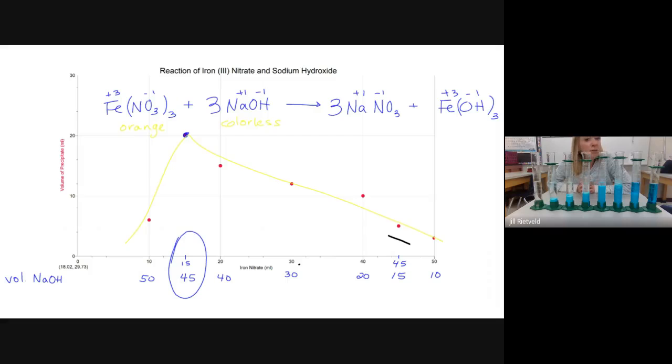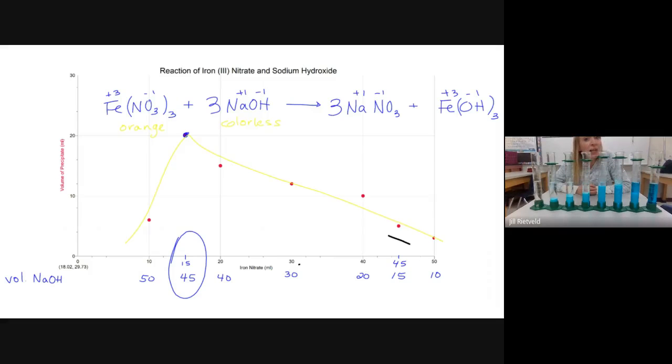And so if 15 milliliters of iron nitrate completely react with 45 milliliters of sodium hydroxide, because that would represent a 1-to-3 ratio, if I ever use more than 15 milliliters of iron nitrate, that would be an excess. If I use less than 15 milliliters of iron nitrate, it's limiting.